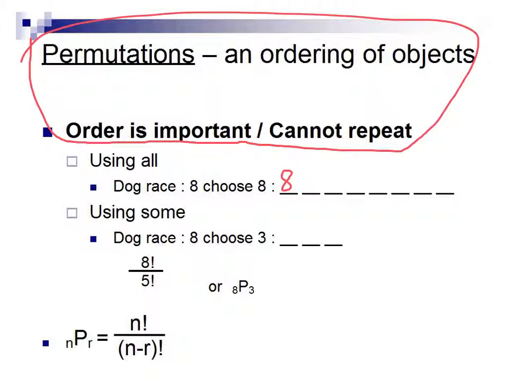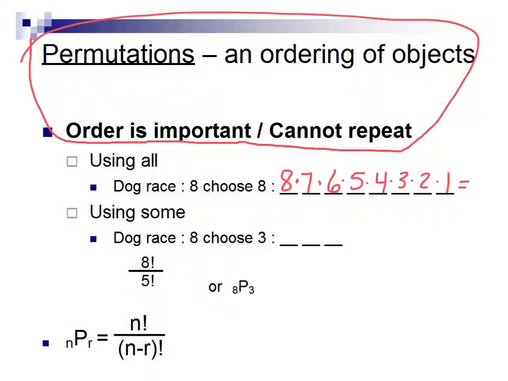But since there's no repeating, you can't have Fido finish first and second, so you would only have 7 options for your second place. Then you'd only have 6 options for third place, and so on. So whatever 8 times 7 times 6 times 5 times 4 times 3 times 2 times 1 is, would be how many different ways that dog race could finish.